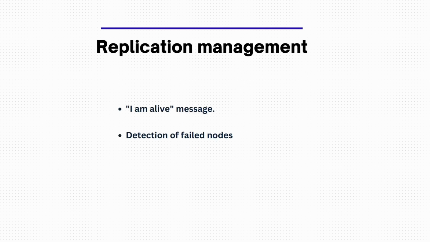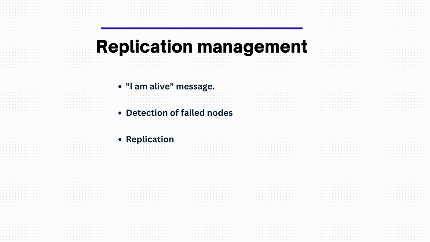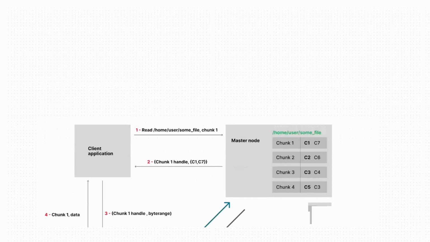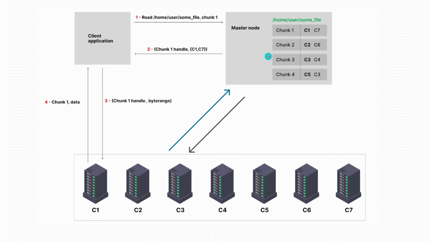So we have a simple process. This process is as follows. The master node that we have here has to receive from each server a message saying I'm alive. I think there is a given amount of time, maybe let's say 1 minute. After 1 minute, each server has to send a message to the master node saying I'm alive.